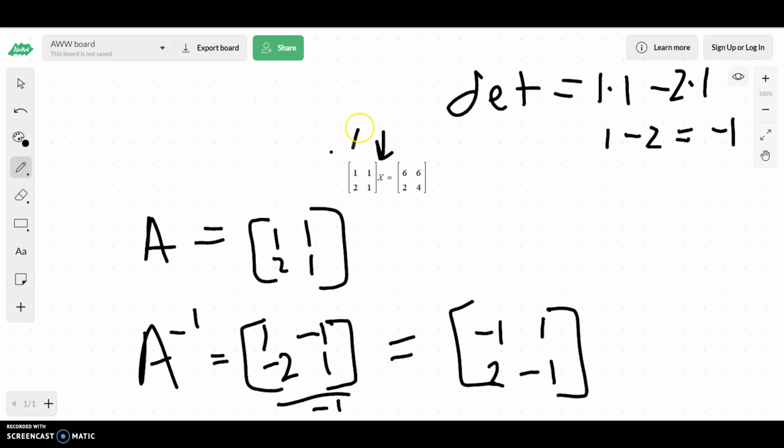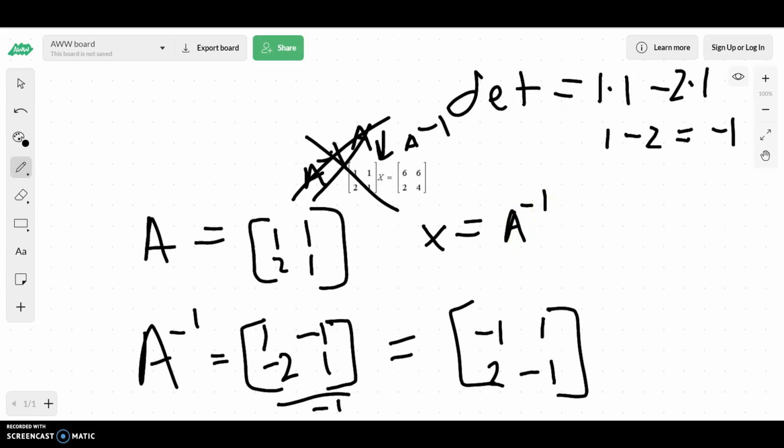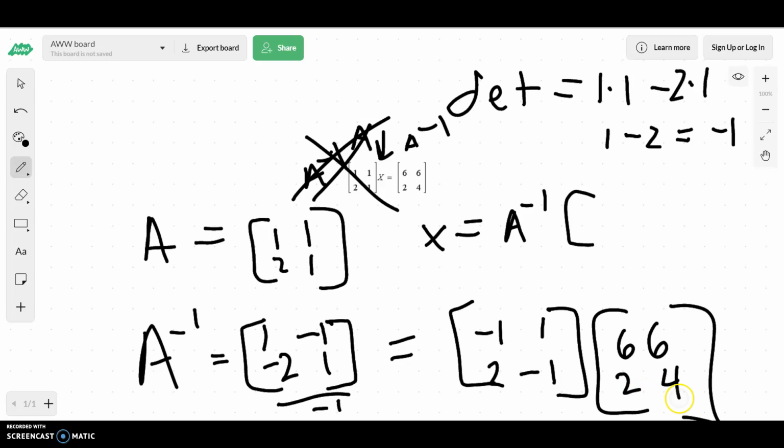And once you have the inverse, what you'd like to do is times the inverse on both sides, because that will cancel this matrix and that matrix right there. So you're going to have x equals A inverse times that matrix right there. So we're just going to times that matrix right there, which would be 6, 6, 2, 4.